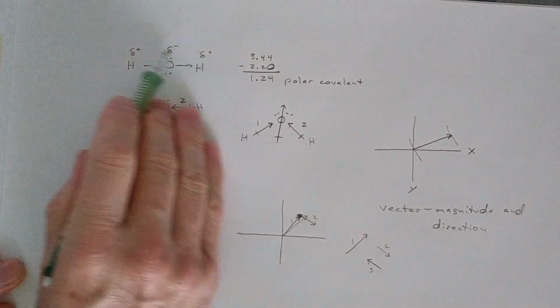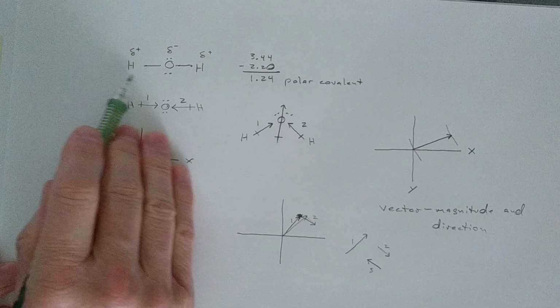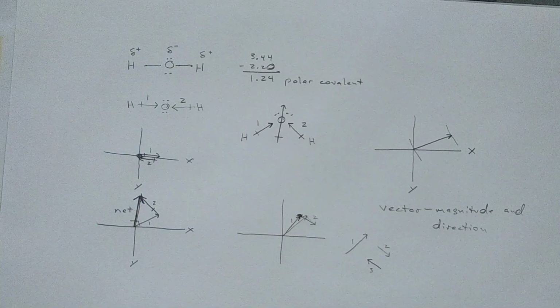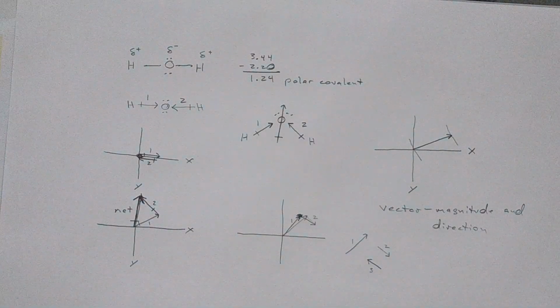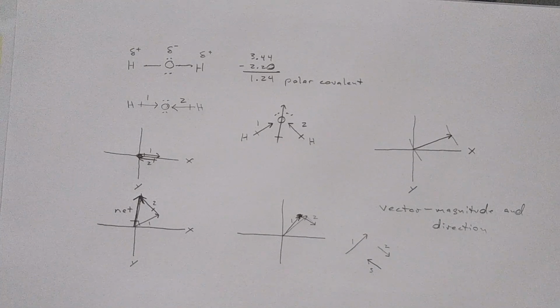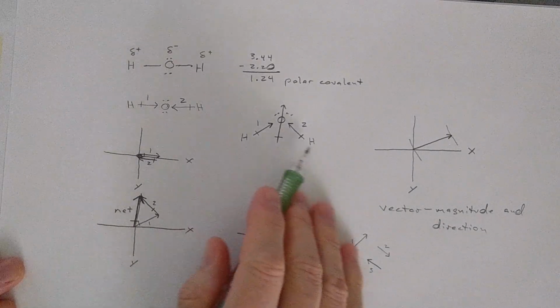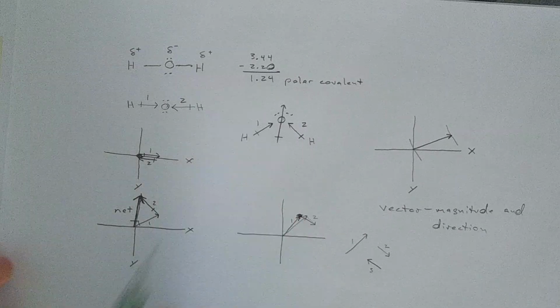It's not the best Lewis structure to draw the water molecule in this linear fashion because such a drawing indicates that there's no net vector. It is far better to draw the Lewis structure with this bent geometry because that bent geometry indicates a dipole, and water has a very strong dipole.